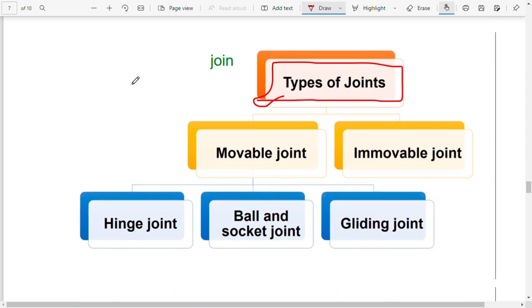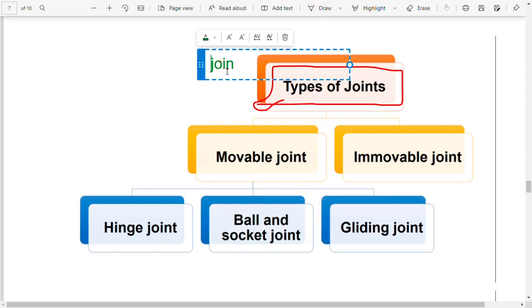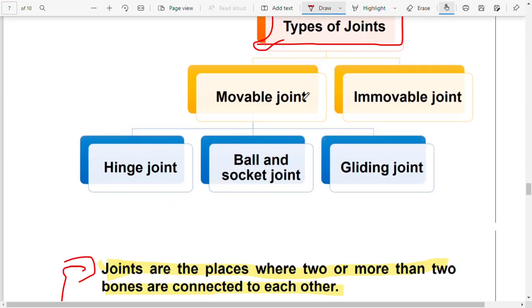Now we are going to explore the types of joints. There are two types of joints.